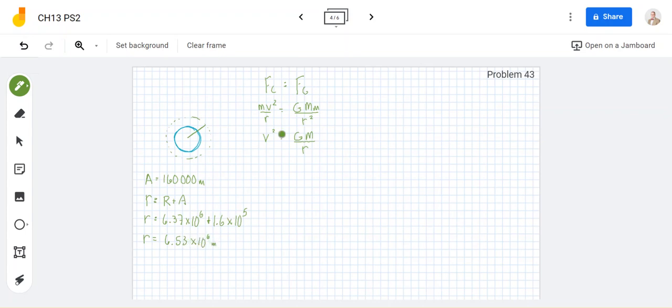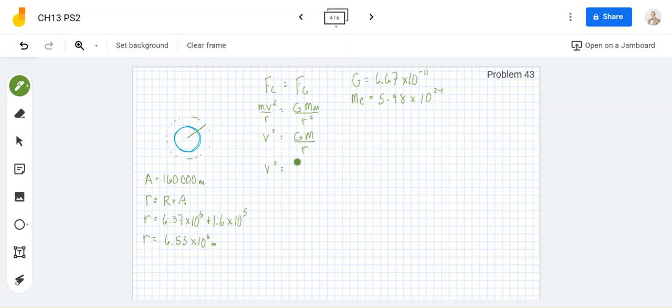So I'm going to plug that in there. So we're going to calculate the linear speed here. Now, we know the universal gravitational constant is 6.67 times 10 to the negative 11, and the mass of the Earth is 5.98 times 10 to the 24.